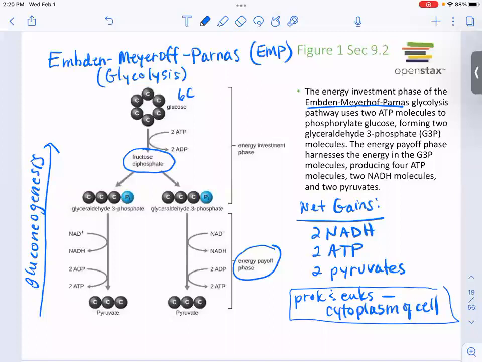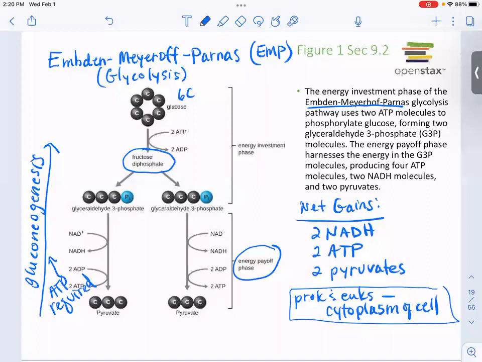Then with just a few different enzymes, and of course putting in ATP, these reactions can go the other way and cells can actually make sugar.